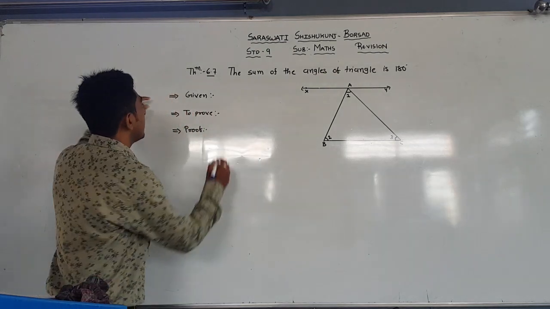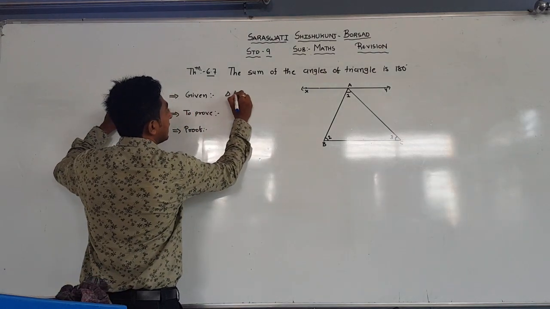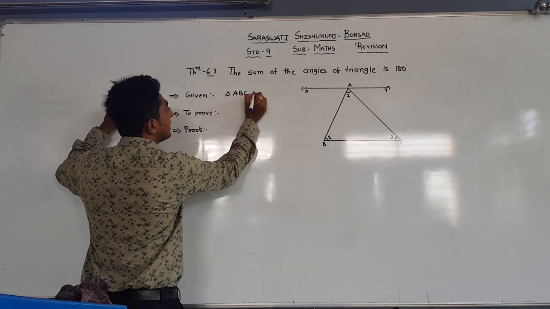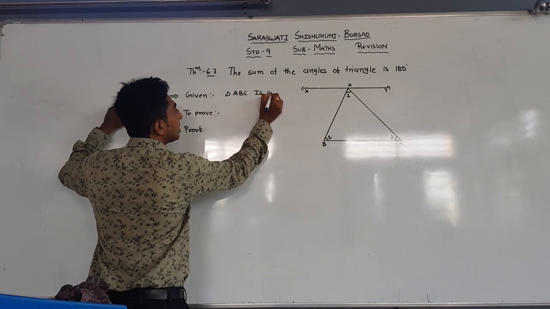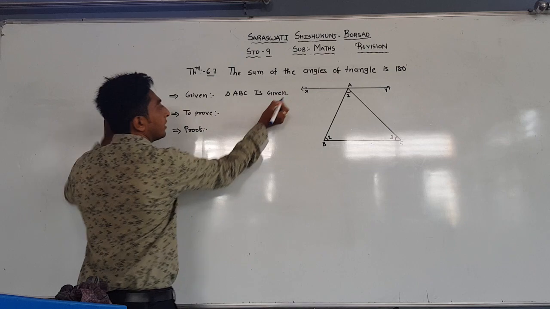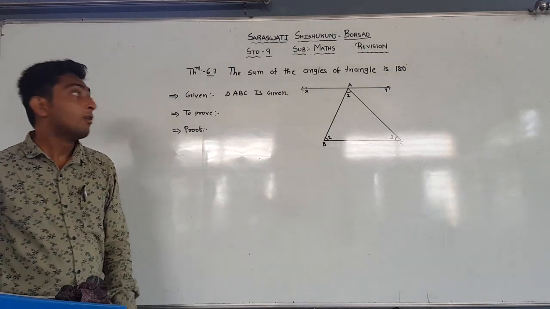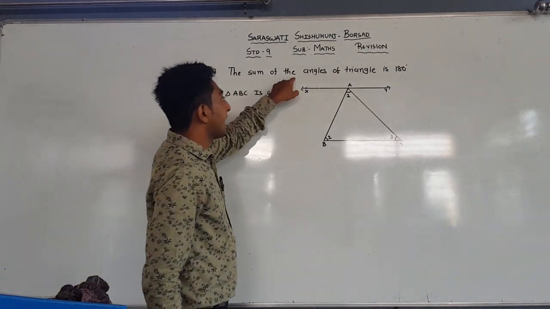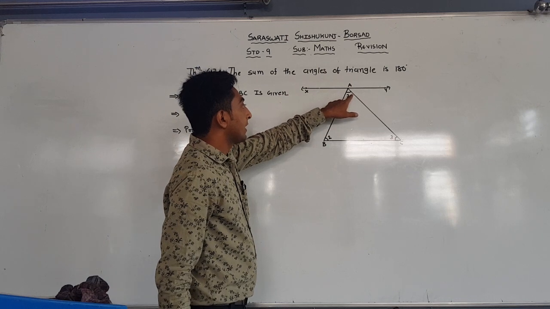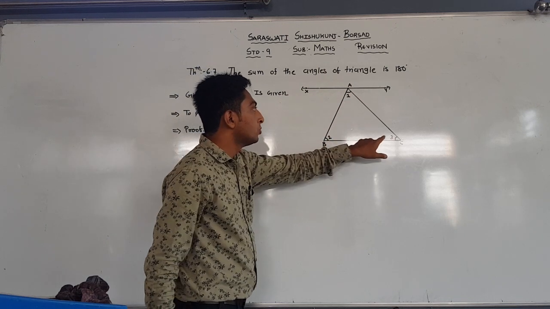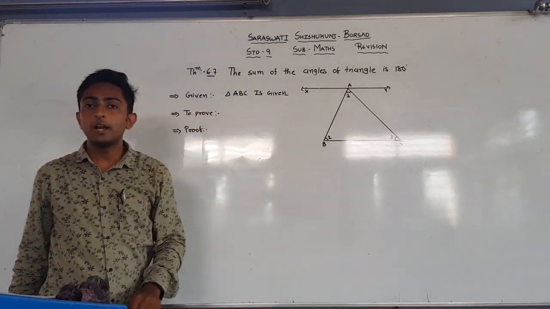So what is given? Triangle ABC is given. What we have to prove: the sum of the angles of the triangle, angle 1 plus angle 2 plus angle 3 is 180 degrees.